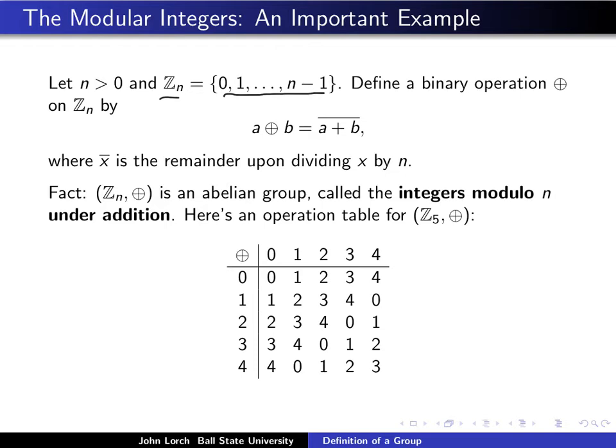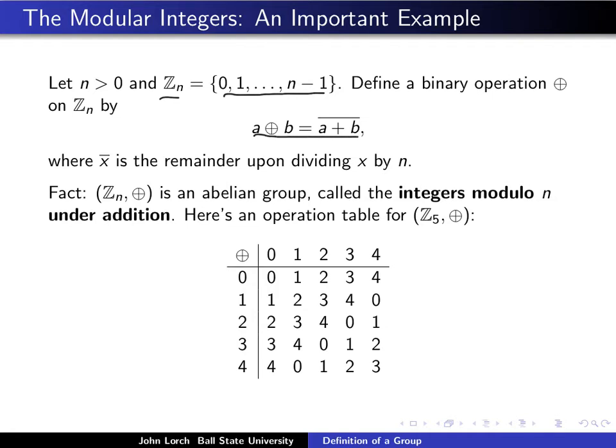So now we have this set of n integers, and we're going to define an operation on it in this way. So if I take two of these integers, I'm going to add them together, and then I'm going to compute the remainder that I obtain when I divide the sum by n. So that's our operation, right?